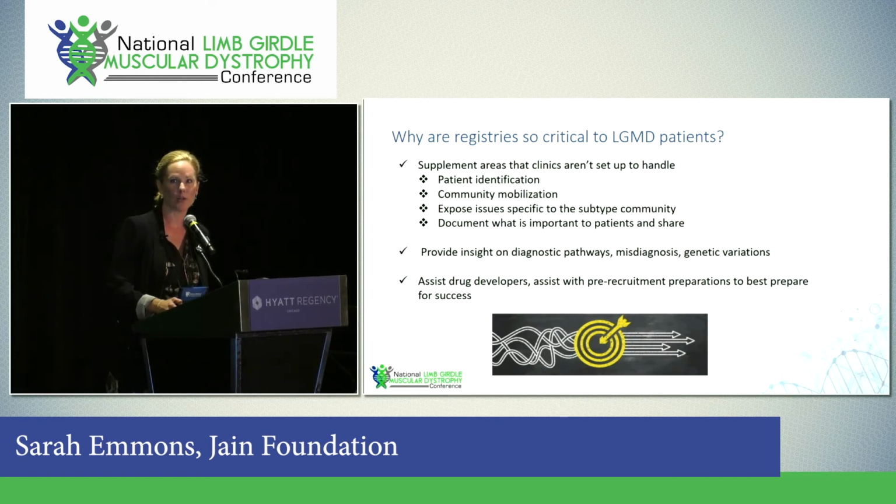How many people are there? Where are they? So with such tiny populations scattered across the globe, it's really important to have a centralized hub. And eventually, if there are multiple registries for the different subtypes, it'll be really important to mobilize them, which I'll talk about a little bit later.